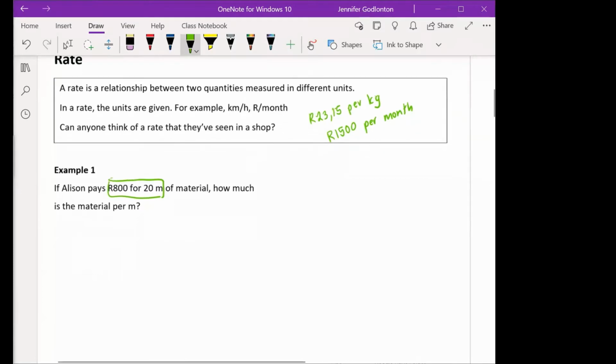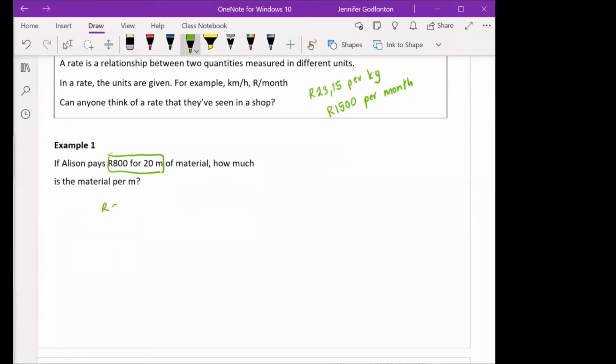We know that it's 800 Rand for 20 meters, so if we say 800 divided by 20, we can find out what it's going to be for just 1 meter. So it's going to be 40 Rand per meter. Good, Kian and Tashwin. Nice answers coming into the chat. Well done. Dividing is definitely something we can do.